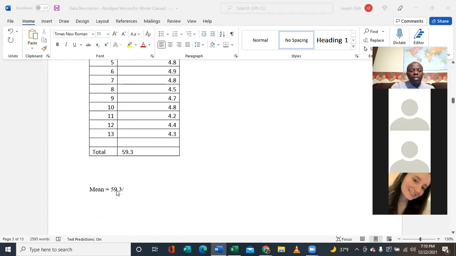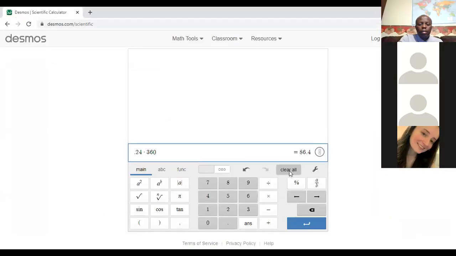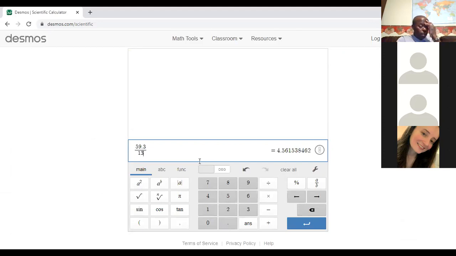So the mean is the sum of all of them, which is 59.3, divided by 13. And that gives us 4.56.